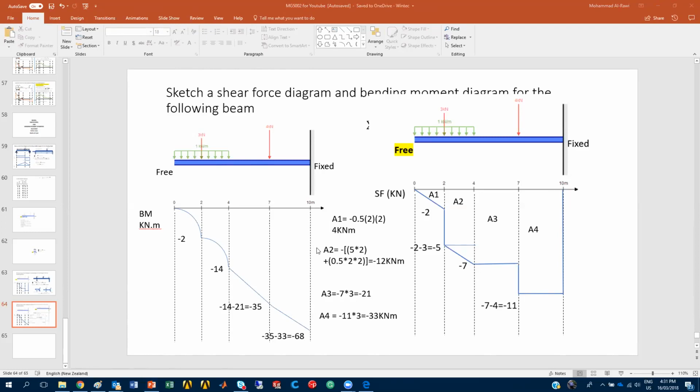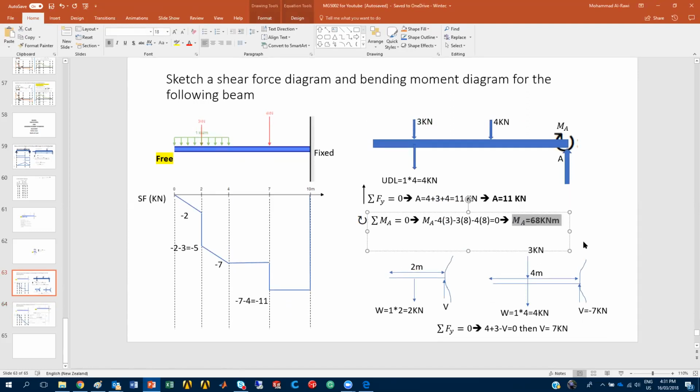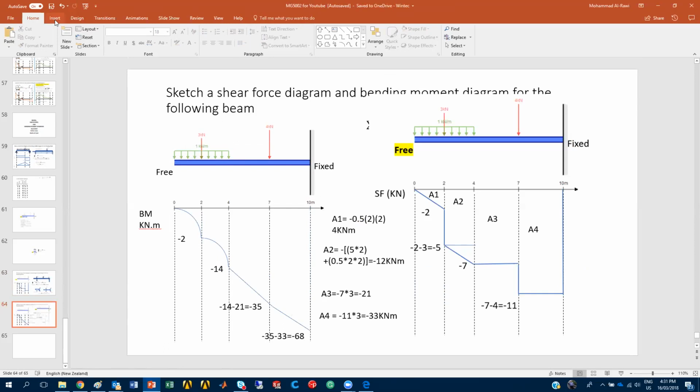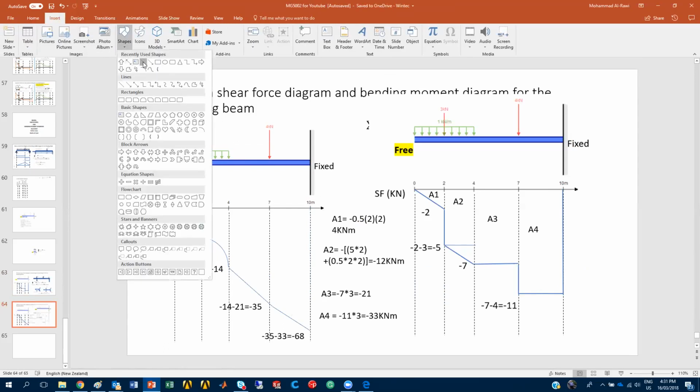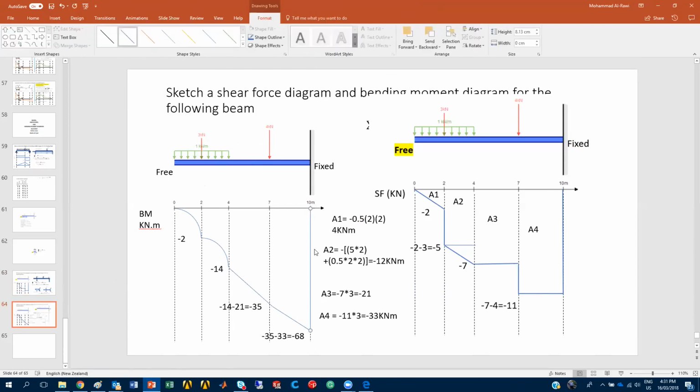Yes, perfect. We have a moment. Remember what we did in the last problem? We found the moment at A is equal to 68 kilonewtons meters. So that moment will help us to have a line and to close this in that direction, to that point, and that's the moment which we need to address. Therefore, this diagram is closed.